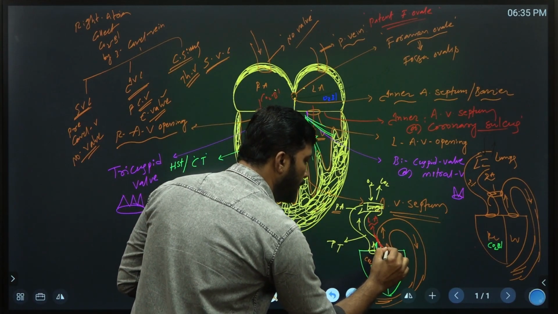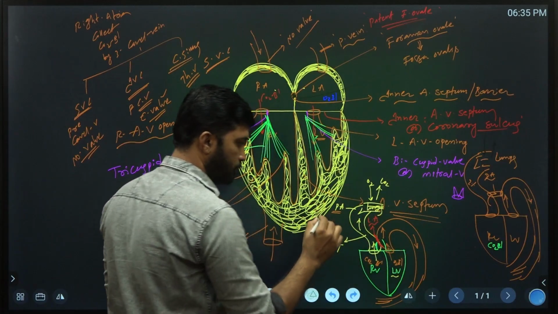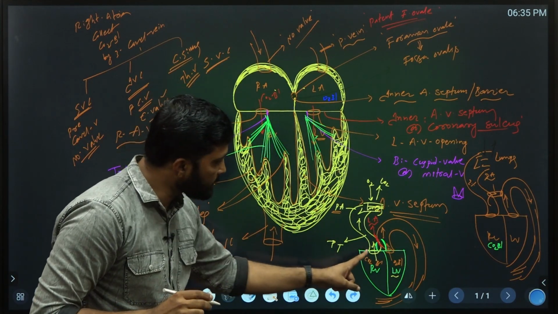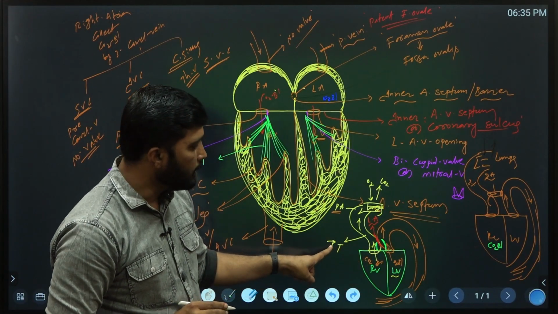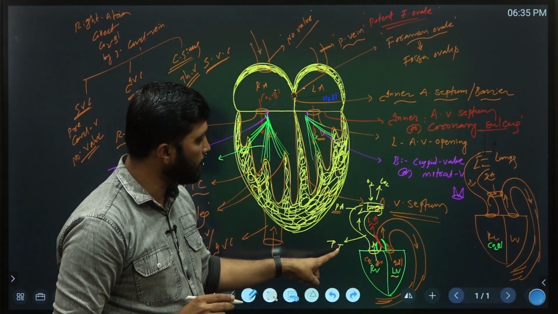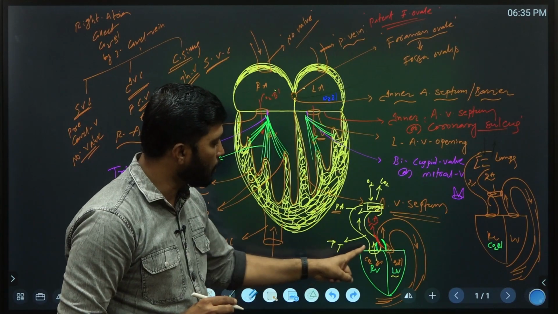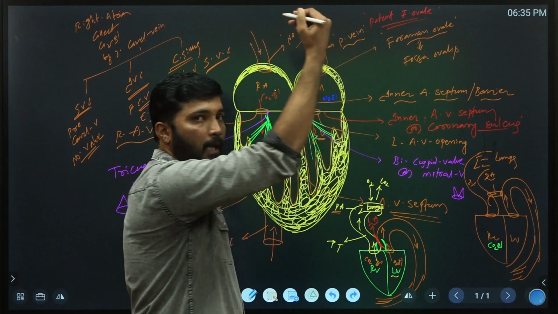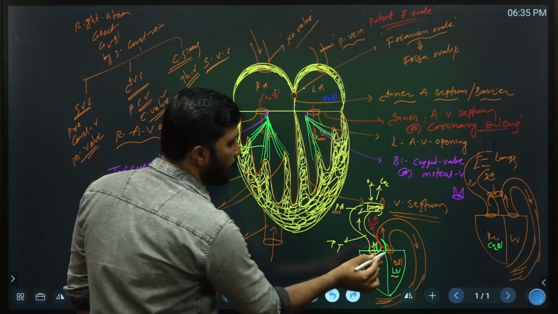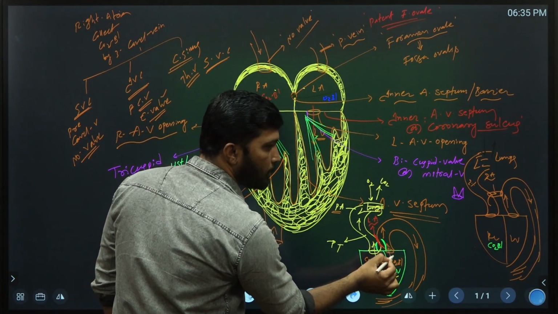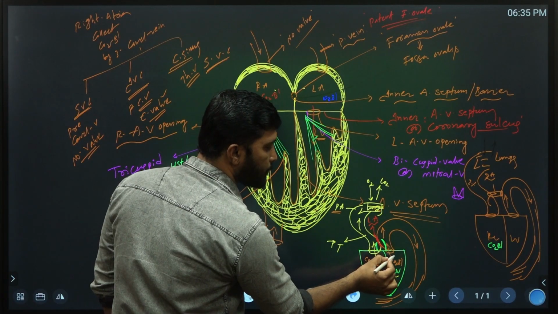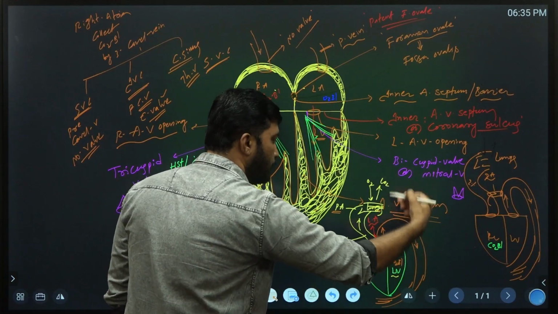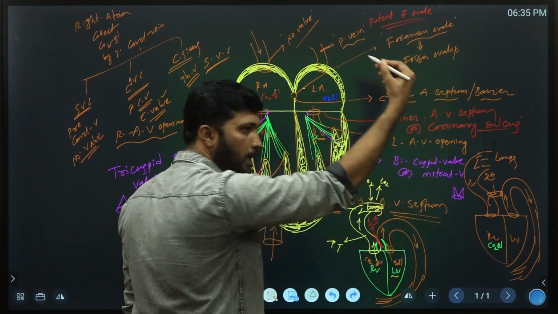This is the left semilunar valve. The right semilunar valve is present at the pulmonary trunk opening, which helps forward blood in one direction. The left semilunar valve is present at the opening of the aorta, forwarding blood in one direction.